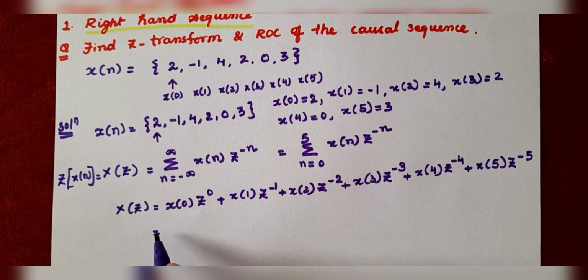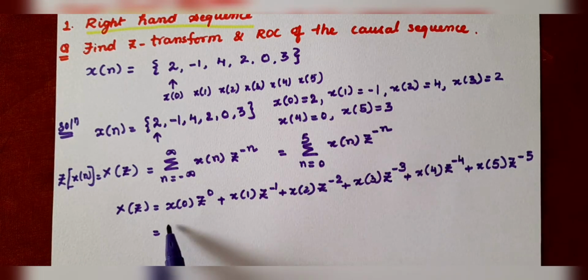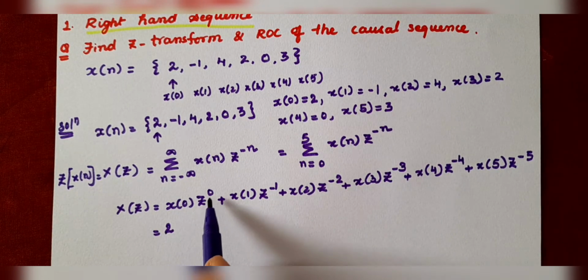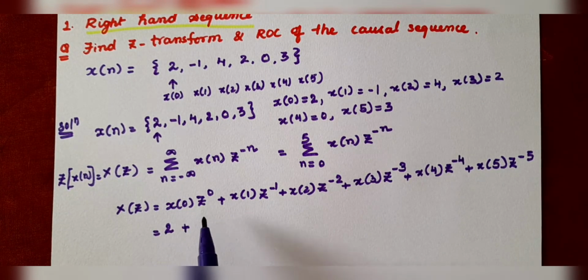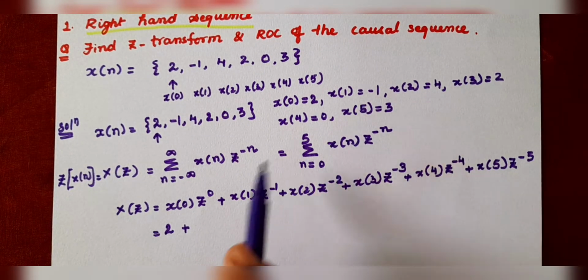Okay. So, what is x of 0 value? 2. Z to the power of 0 is 1 plus what is x of 1?